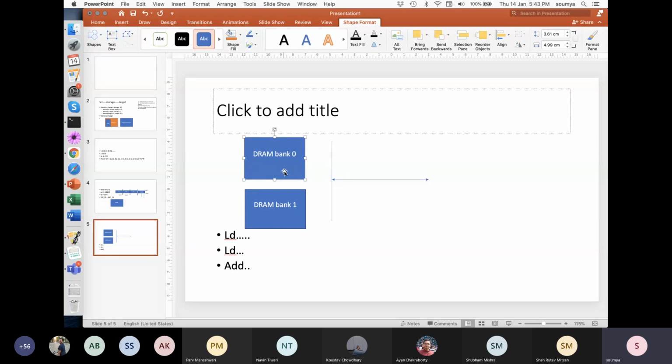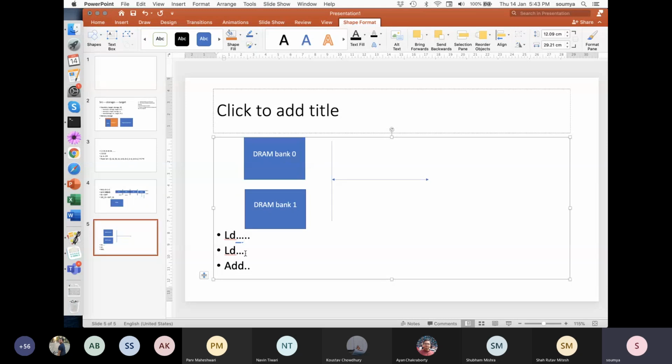Got it? So if you have 32 banks, 0, 1, 2, 3, 4, and you are accessing consecutive memory location addresses, there is a high chance you are going to different banks. So suppose your loads are to consecutive addresses, not the same bank. Then you are issuing the load commands to different banks. They can transfer the data in parallel and you can access it.